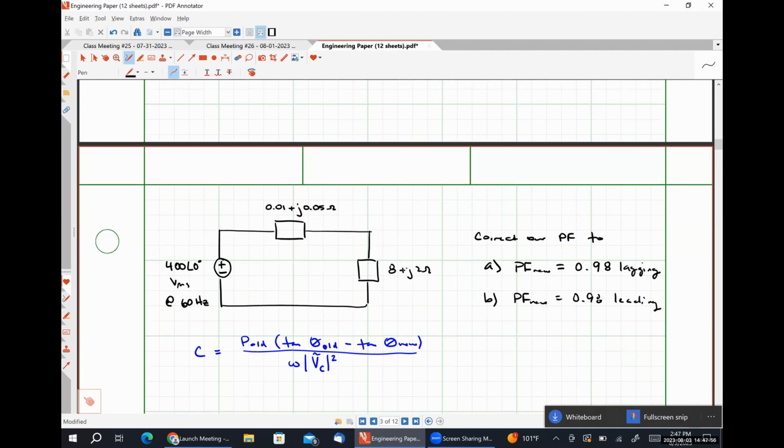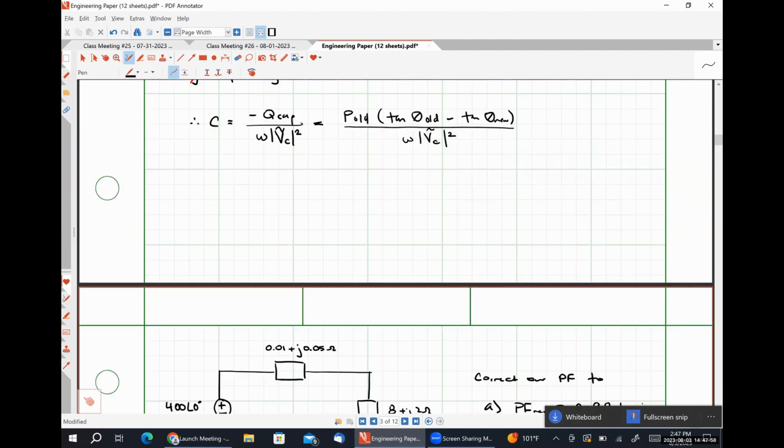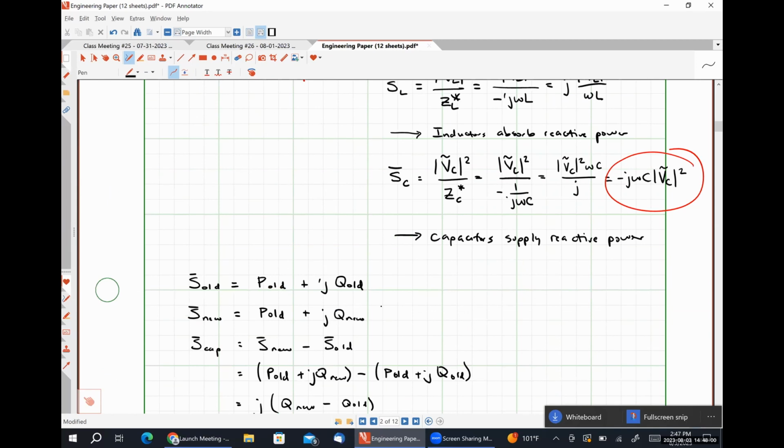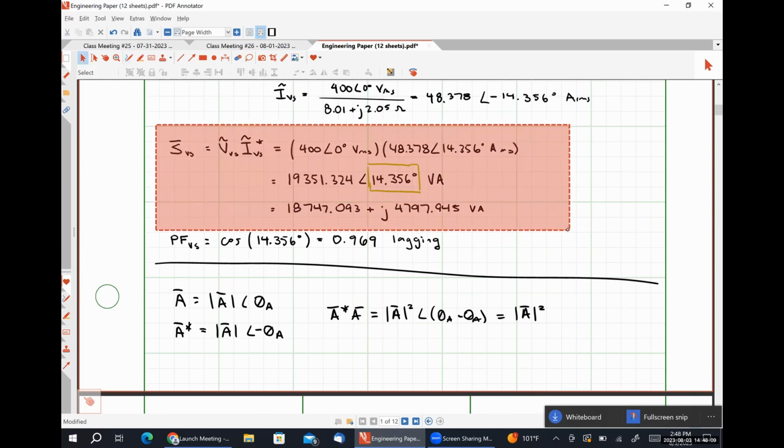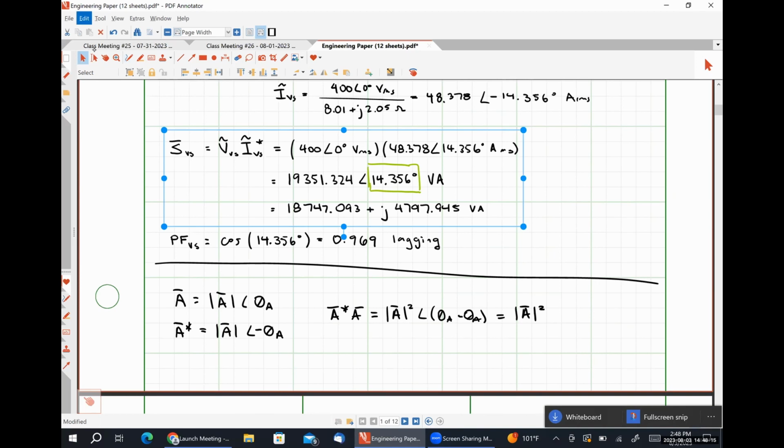I'm also going to copy this information. So this is the information about how the voltage source was operating previously.